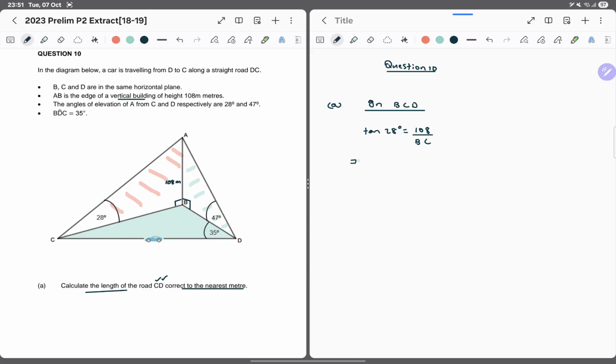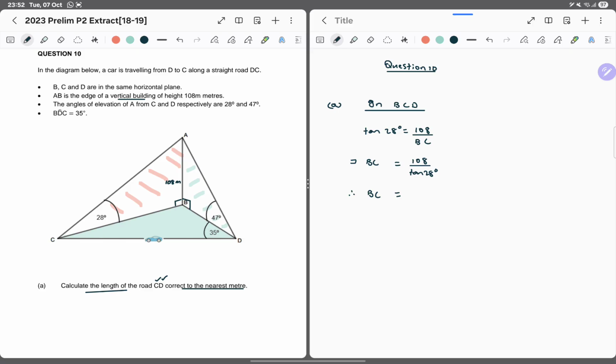This implies that BC is equal to 108 divided by tan 28 degrees.